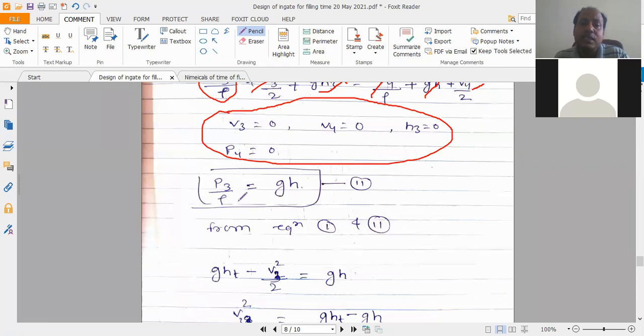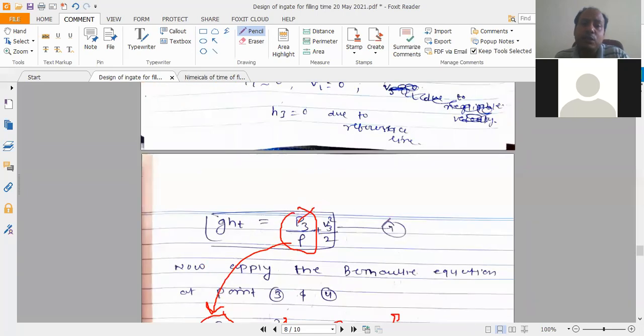So we can see p3 by rho is equal to gh, and we put this p3 by rho in equation 1.